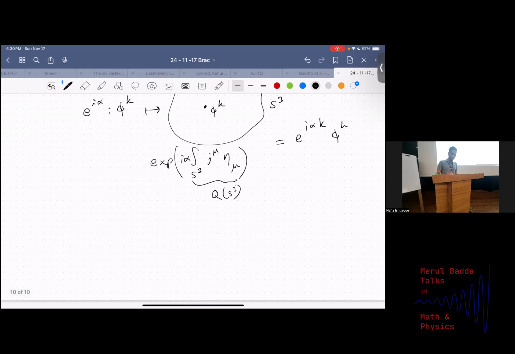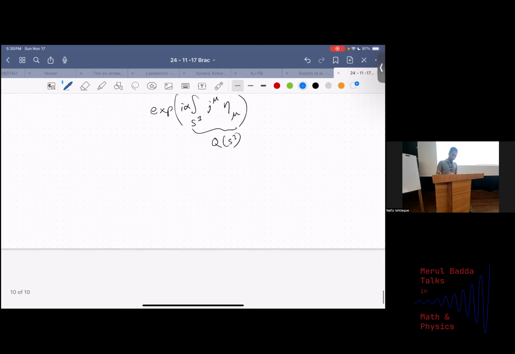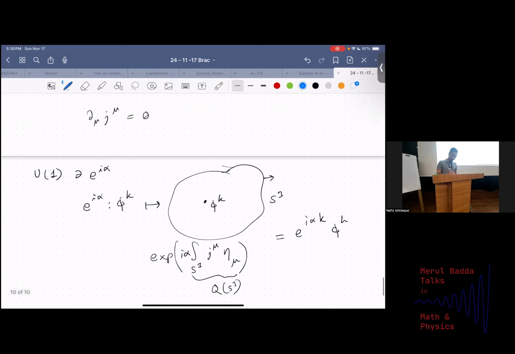Now I'm going to call this a zero-form symmetry. The 0 refers to the dimension of the support of the operator. This operator is supported at a point in spacetime, which is 0-dimensional, hence the name zero-form symmetry.